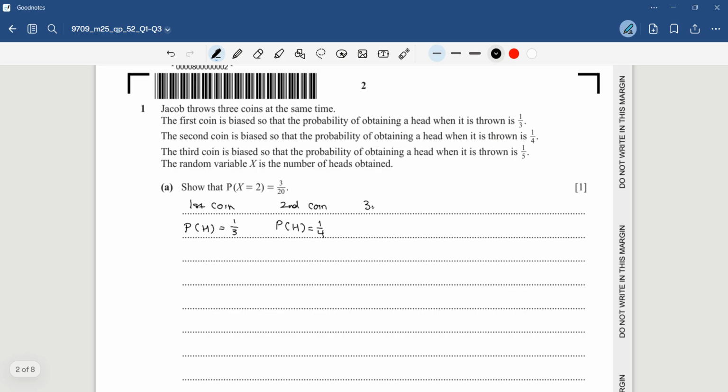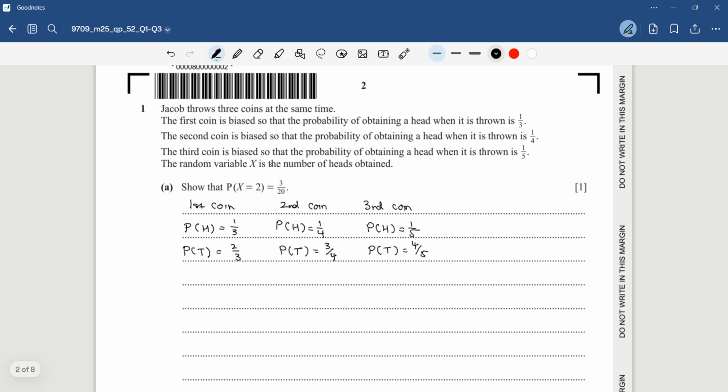And the third coin, the probability of getting a head is 1 over 5. This is what is given by the question. And if the probability of getting a head is 1 over 3, then the probability of getting a tail, or no head, is 2 over 3. For the second coin, the probability of getting a tail is 3 over 4. And for the third coin, the probability of getting a tail will be 4 over 5.